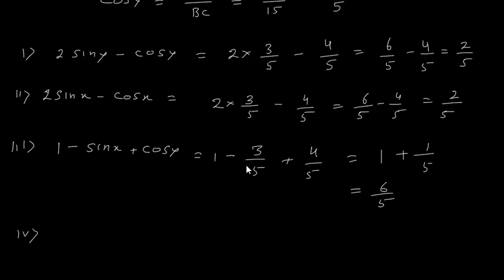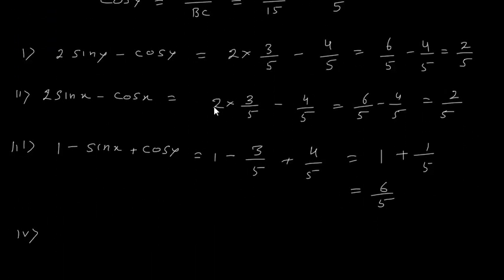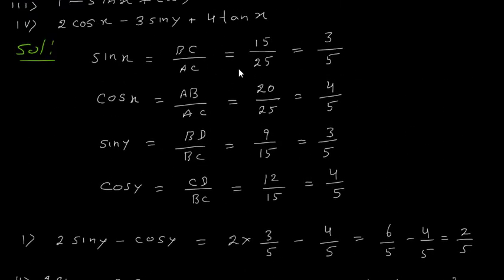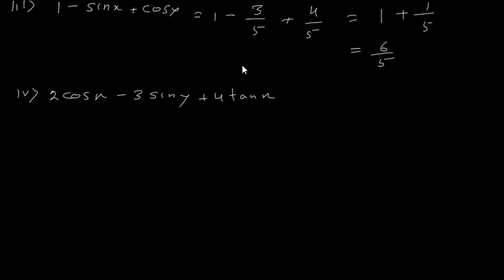And fourth, we have 2 cos x minus 3 sin y plus 4 tan x. This is equal to, now the value of 2 cos x.